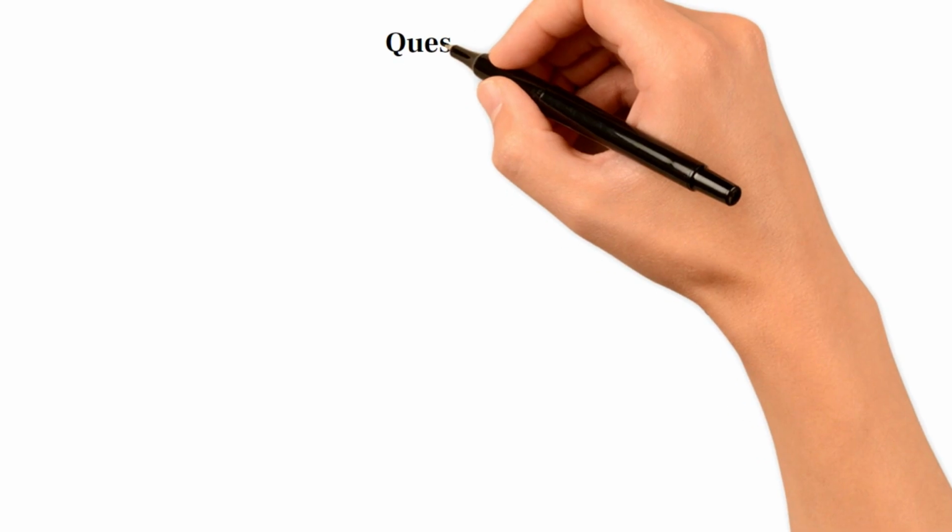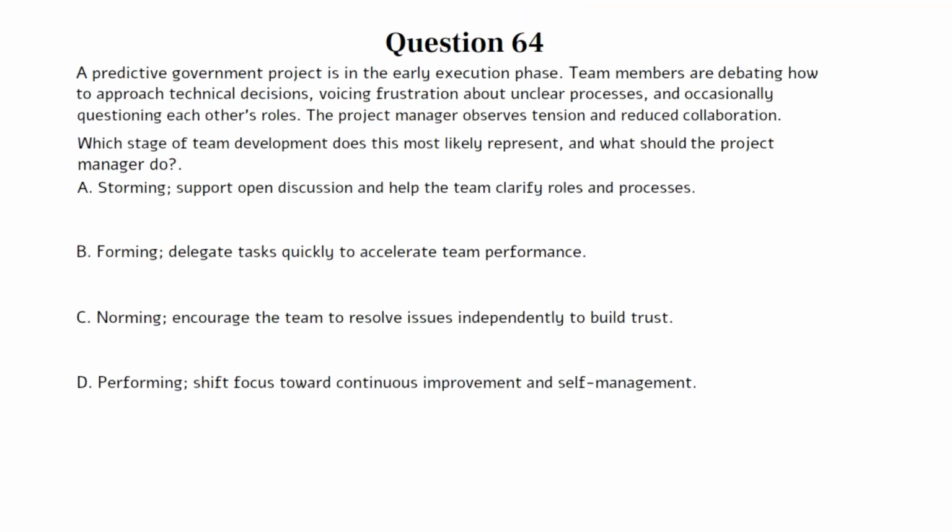Question 64. A predictive government project is in the early execution phase. Team members are debating how to approach technical decisions, voicing frustration about unclear processes, and occasionally questioning each other's roles. The project manager observes tension and reduced collaboration. Which stage of team development does this most likely represent, and what should the project manager do? A. Storming.